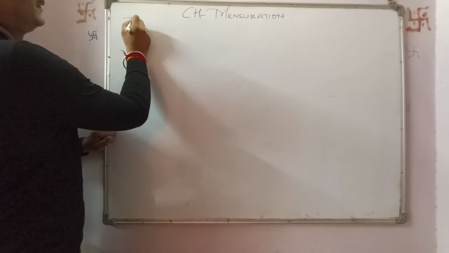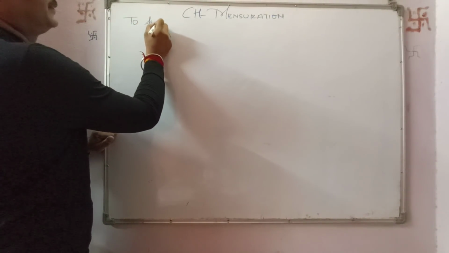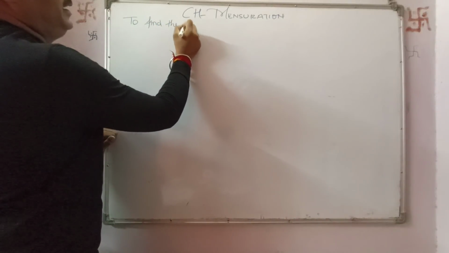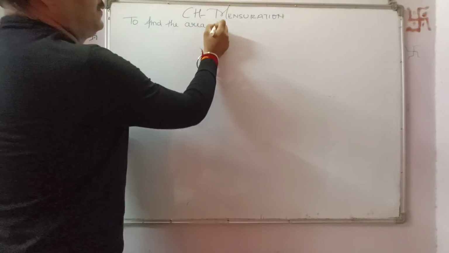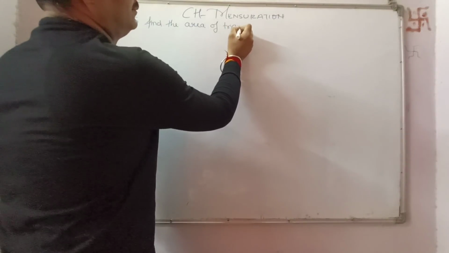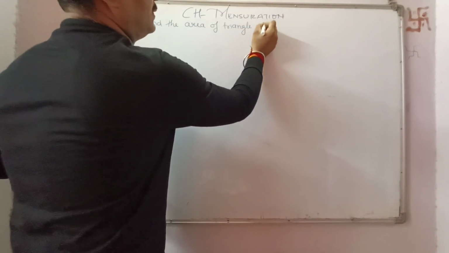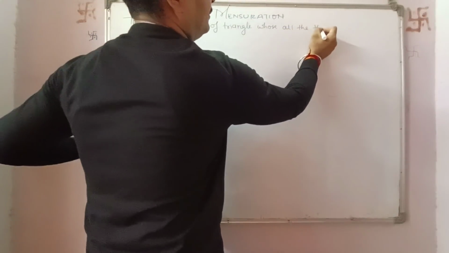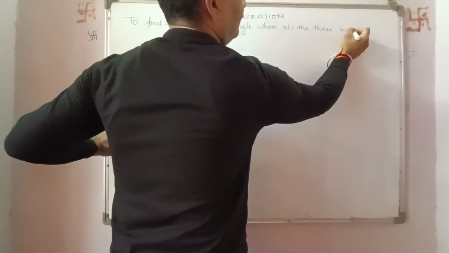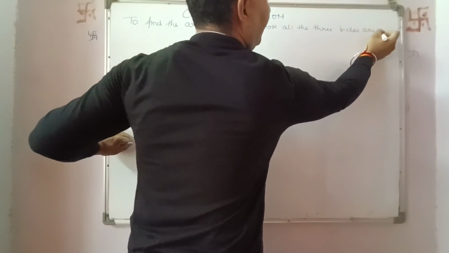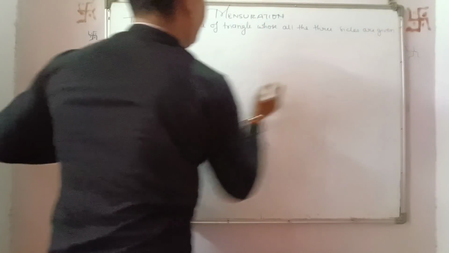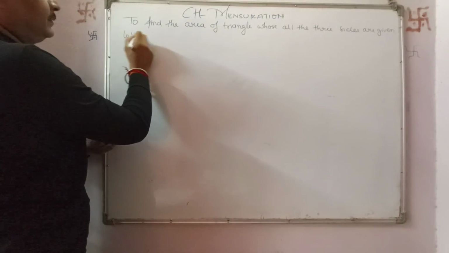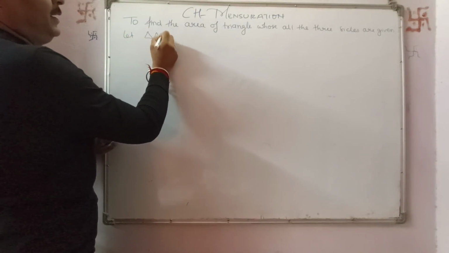Now students, to find the area of a triangle whose all three sides are given, let we have triangle ABC.